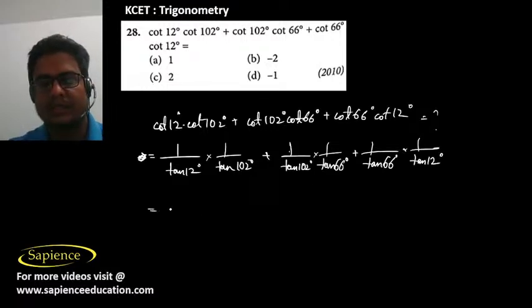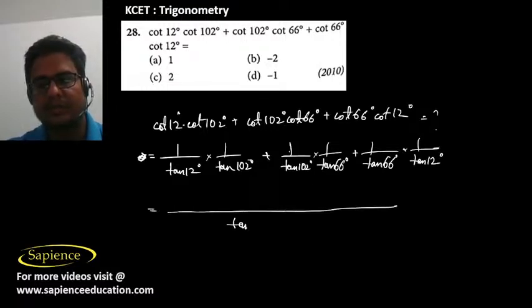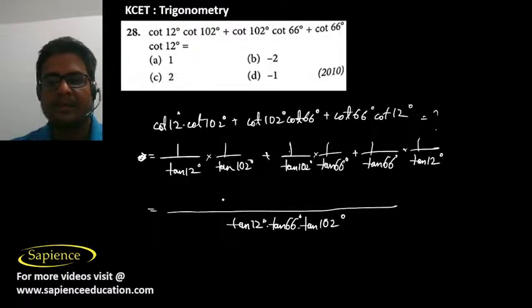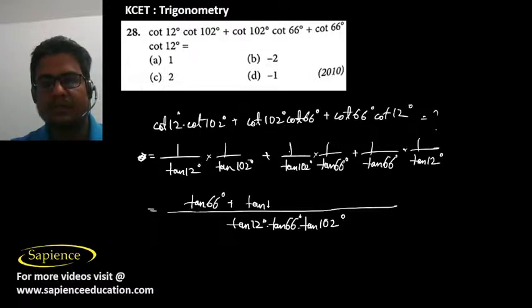So now if we take the LCM, that will be equal to tan 12 degree into tan 66 degree into tan 102 degree. So this will come tan 66 degree plus tan 12 degree plus tan 102 degree. So that will be how much?